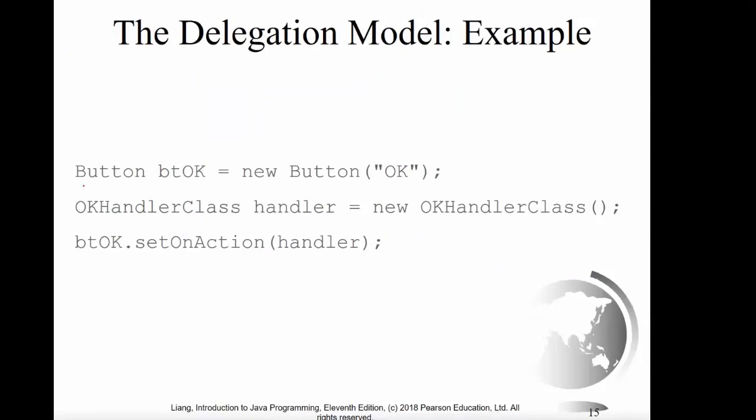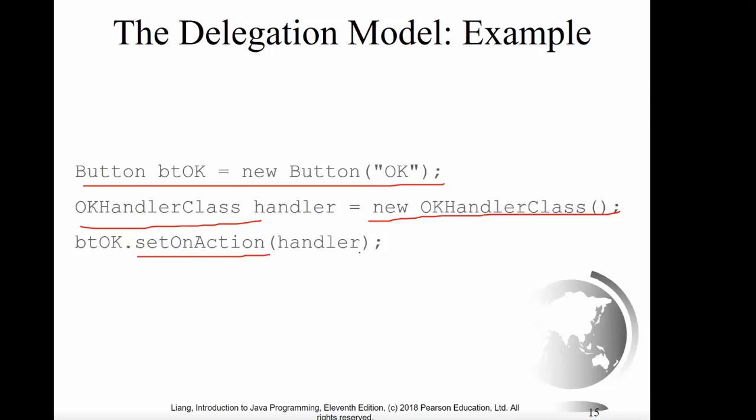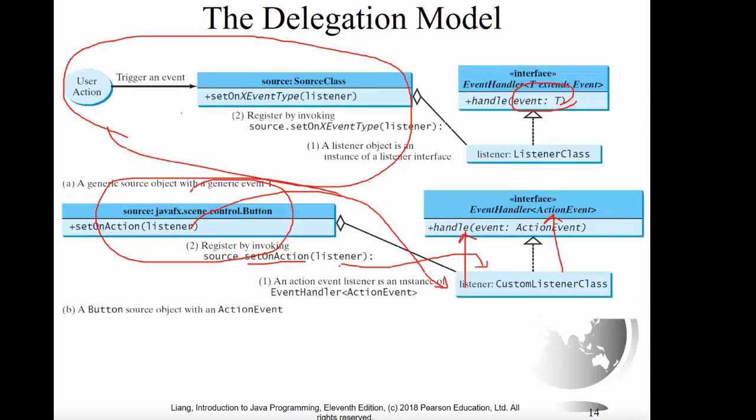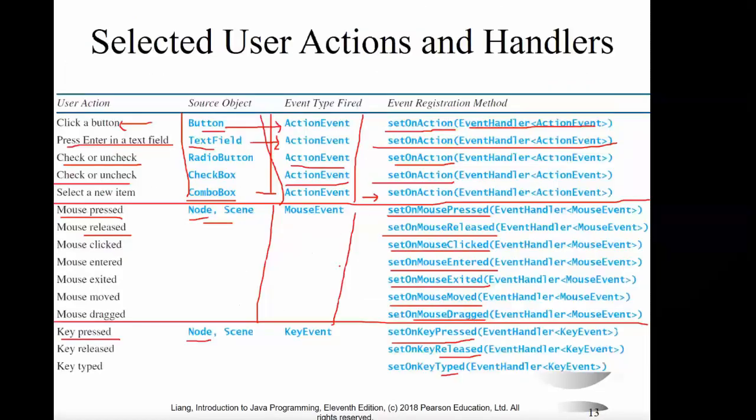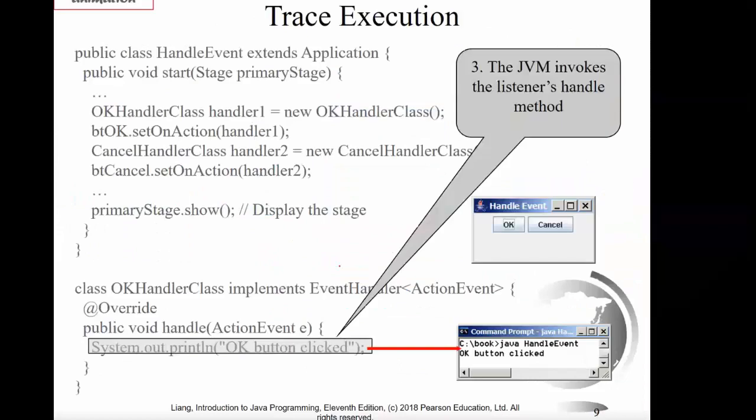Now, the button OK. How did we set the handler? OK handler class, new OK handler class. Then set on action handler. Handler implements what? Implements the event handler interface. And to implement it, you must have a handle method. And what type of event are you expecting from the button?